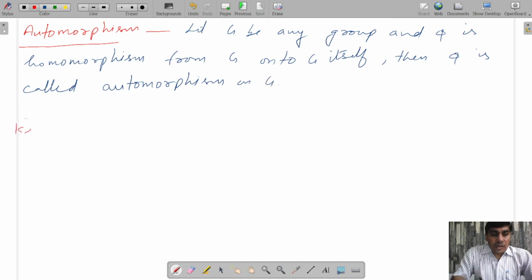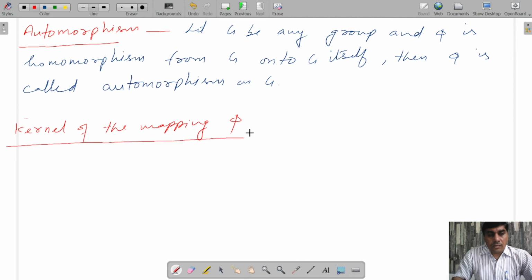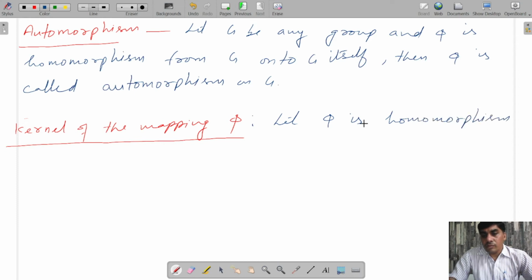Next, kernel of the mapping phi. Let phi be a homomorphism from the group G to G dash.